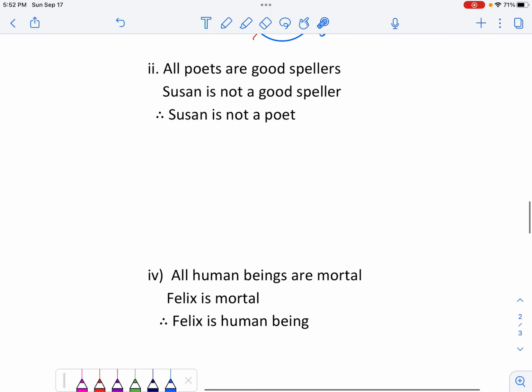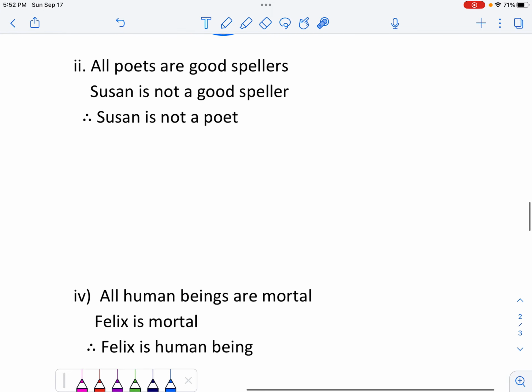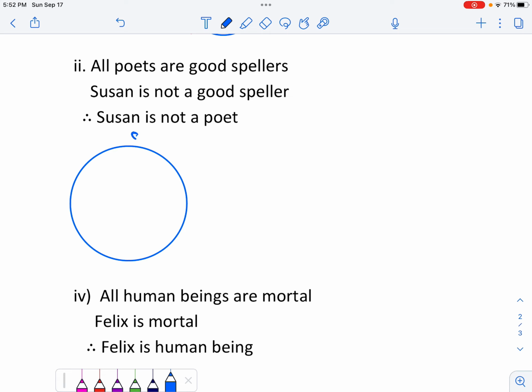And let's take a look at the next one. All poets are good spellers, and let's draw the sets. So here, good spellers is outside, the larger set, and inside is the smaller set of poets.